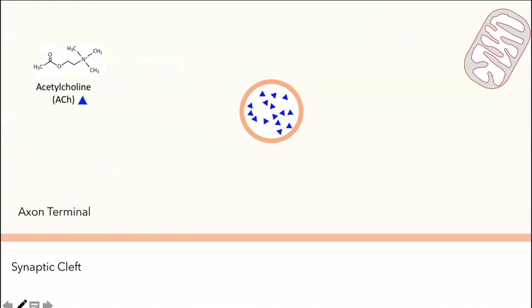But once we've synthesized the acetylcholine, we need to concentrate it in the vesicles. People estimate that there are about 10,000 acetylcholine molecules in each vesicle, and they're at a much higher concentration inside the vesicle than they are in the cytoplasmic space. So that should make you think that the loading process is going to involve an active transporter. To load the vesicles with transmitter, cells use a vesicular acetylcholine transporter called the VAChT. This is an antiport.